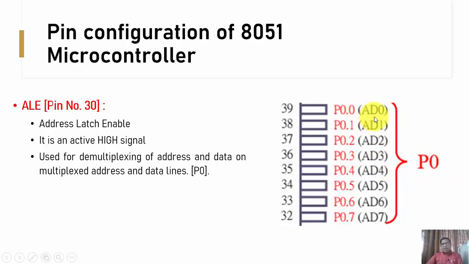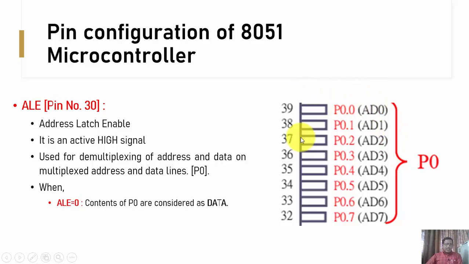So in order to differentiate whether port P0 is going to work as a data line, meaning it carries data, or as an address line or address bus, meaning it carries an address, this ALE pin is used.